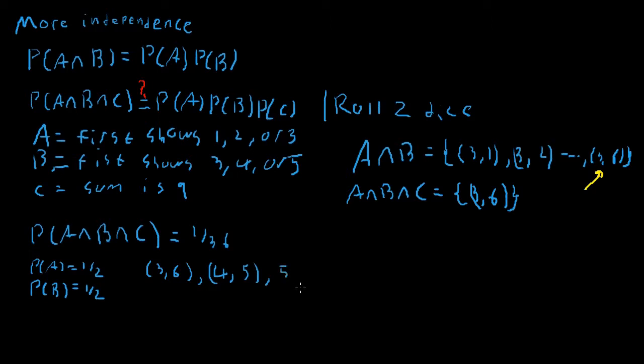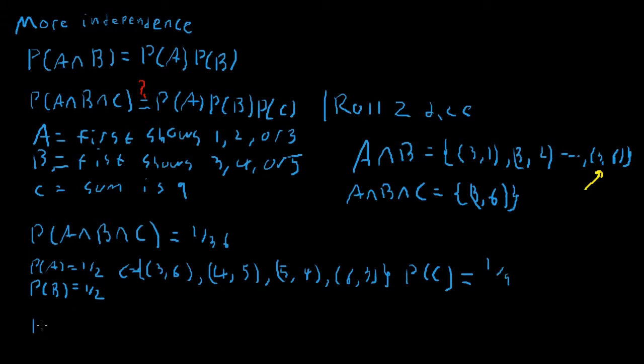We could get 5,4. Or we could get 6,3. So this is C. And the probability of C, well, that's just 4 over 36, or 1 divided by 9.